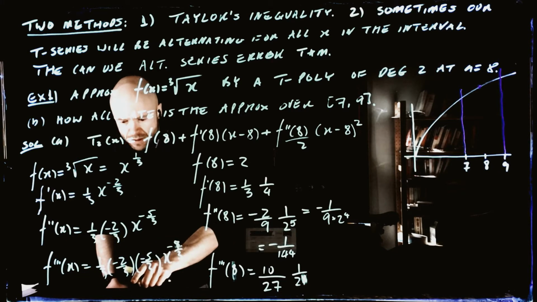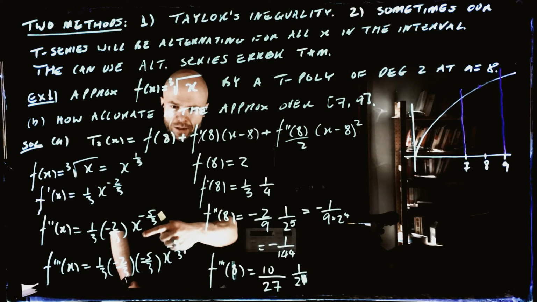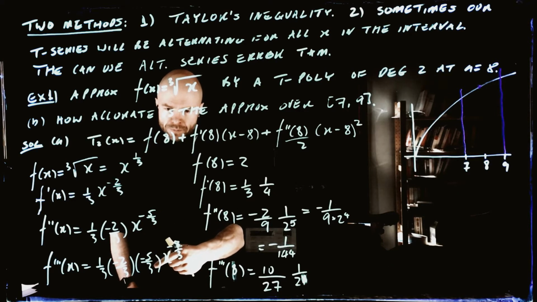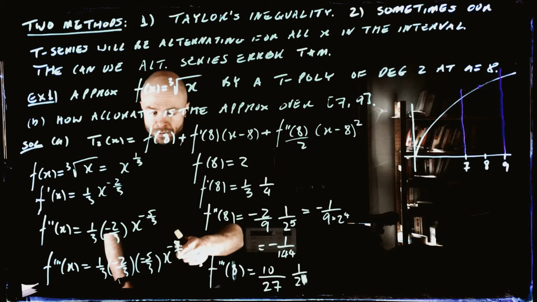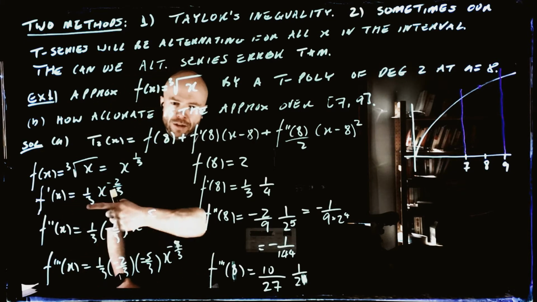So the sign of the stuff in front of the x will keep alternating between positive and negative, positive and negative. Yeah? So whatever positive number we put in here, the sign of these coefficients will be positive, negative, positive, negative.